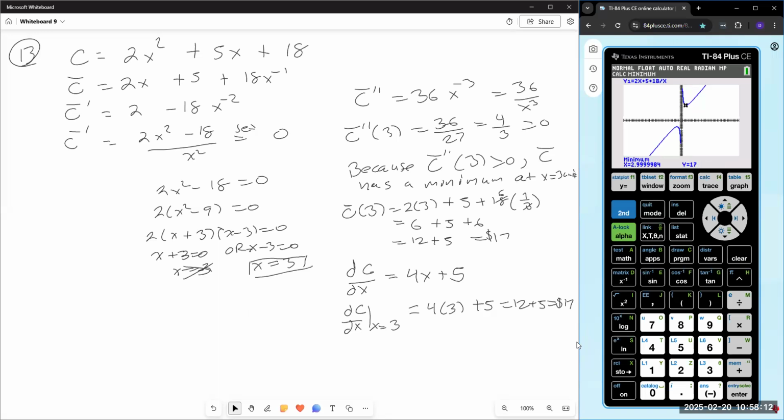And we're going to confirm that that is as close as my calculator can get to 3 because it's dealing with pixels. So that's 3.17. That's right. That's what we got. And our way of doing it with calculus was much more precise than the way the calculator is doing it. So let's go ahead and look now at number 14.